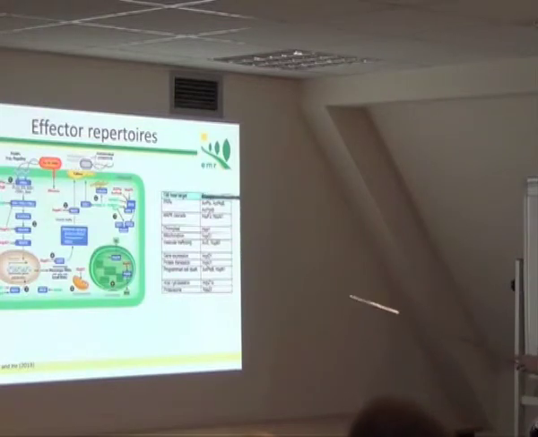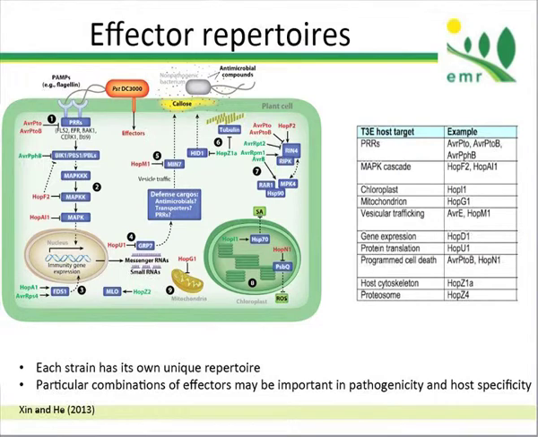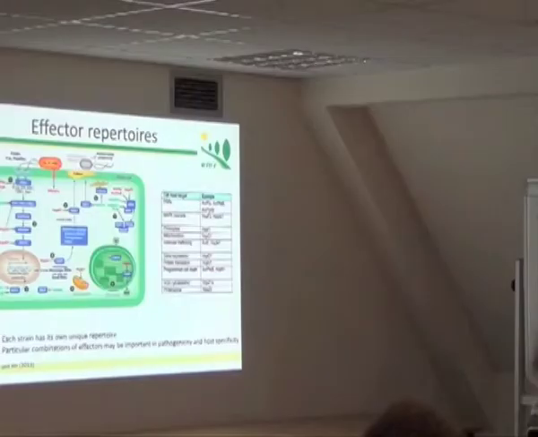Various effectors target the PRRs, and several target the MAP kinase cascade. This means that each strain has its own unique repertoire of effectors, as it has fine-tuned its effector repertoire to maximise pathogenicity to a particular host. Therefore it's hypothesised that particular combinations of effectors may be important in both pathogenicity and host specificity.